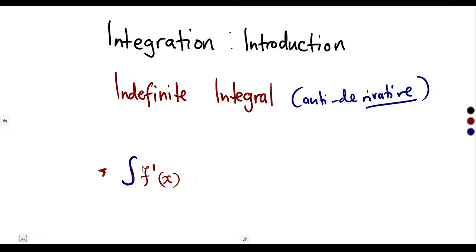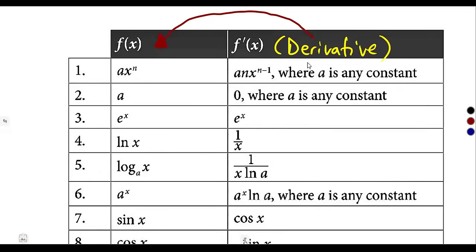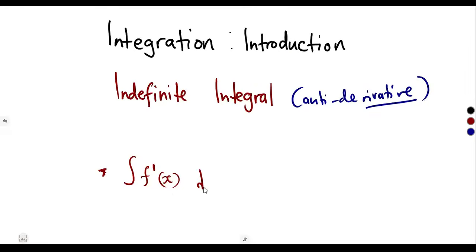So we are saying the integral of this derivative, which is our first f prime of x, if we integrate that with respect to x, it is simply dx.